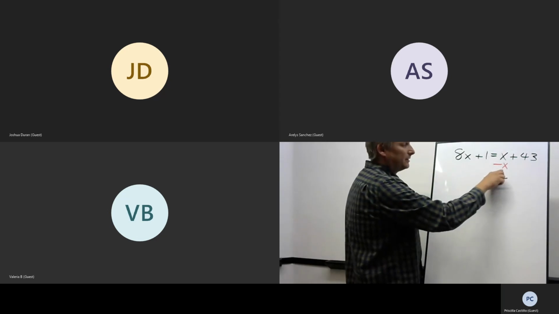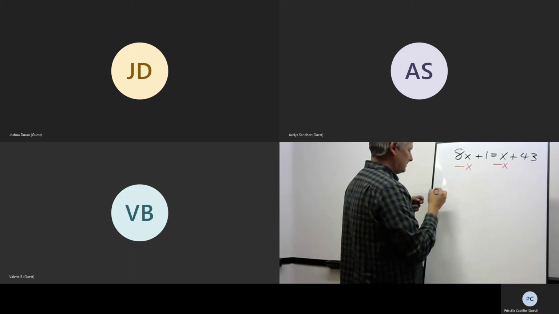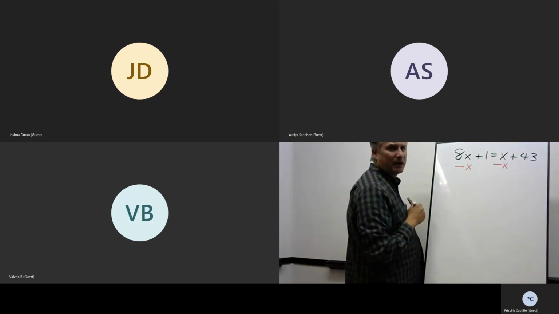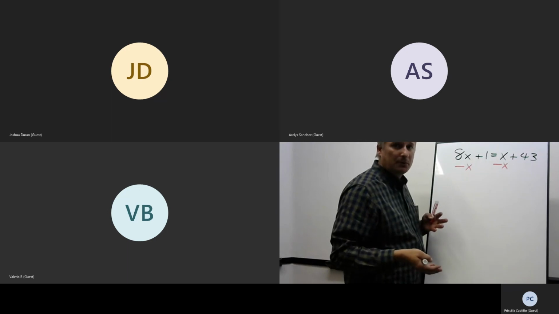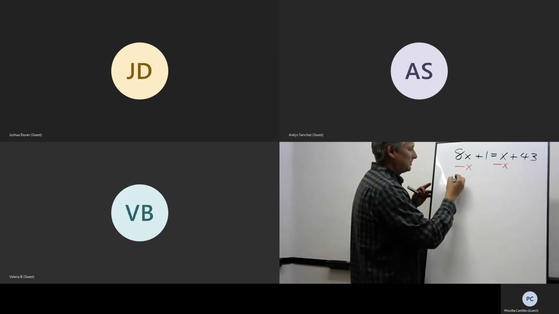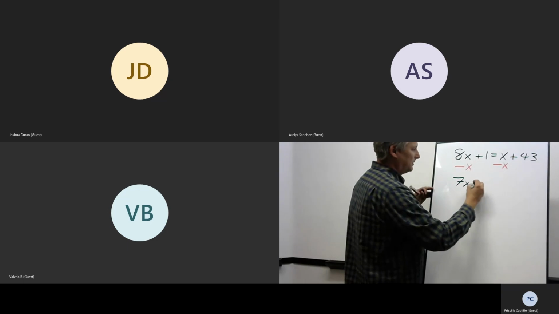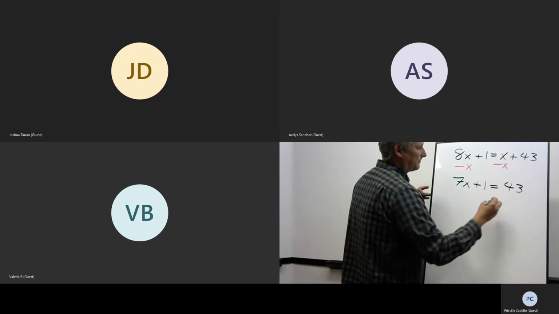But what I do to one side, I've got to do to the other. So my x's cancel out on that side. x minus x is 0, just like 3 minus 3 is 0. And so I'm going to get 7x plus 1 equals 43.